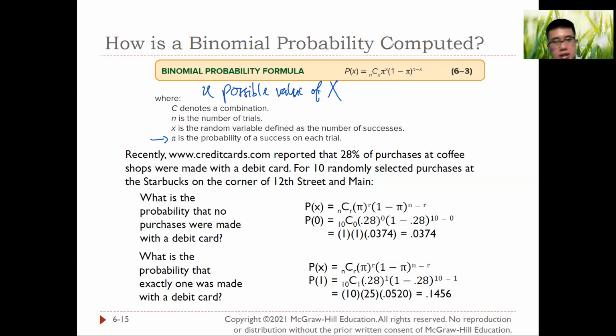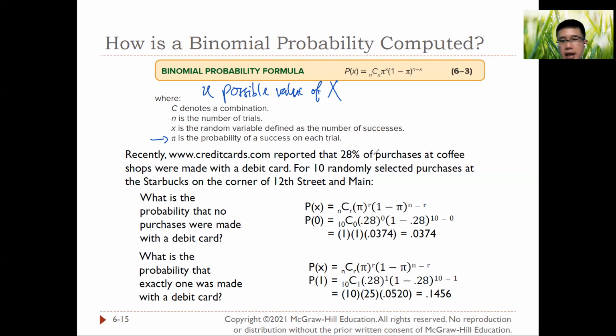And let's see an example of the binomial probability. Here we have a report that said 28% of purchases at coffee shops were made by a debit card.